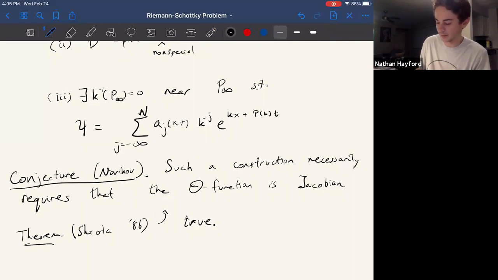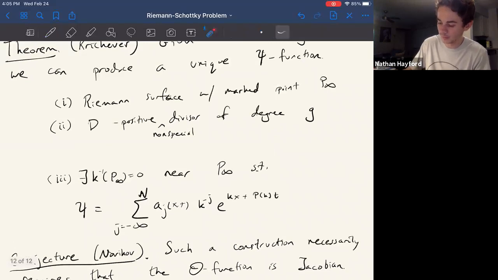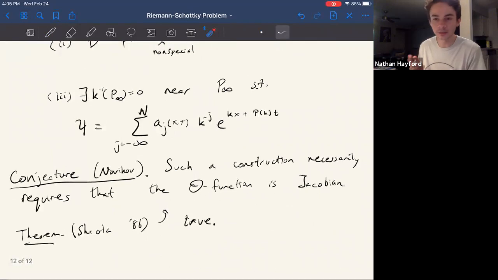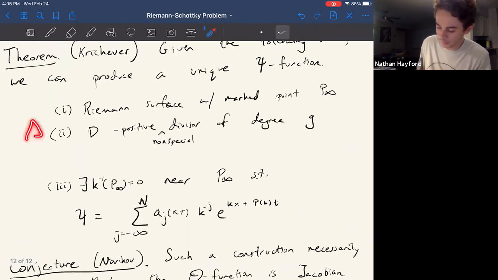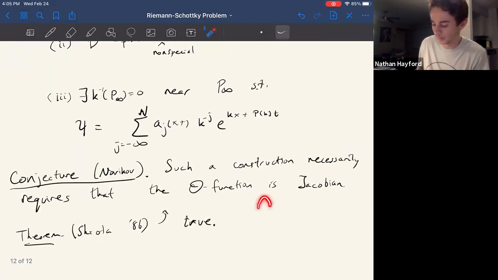The other direction is that if I have a theta function solving the KP hierarchy, I can reconstruct a corresponding Riemann surface and the set of data that I laid out before, which I'll call the spectral data in some sense. So actually the two end up being equivalent. And this is what I was saying before is a solution to the Riemann-Schottky problem. That this set of data is equivalent to a solution to the KP hierarchy.